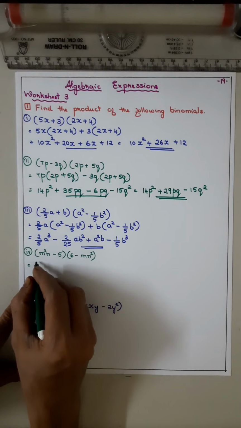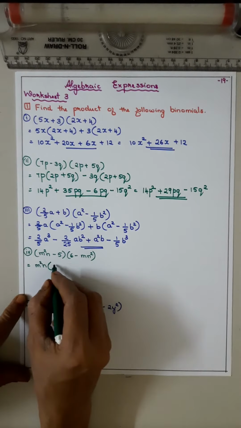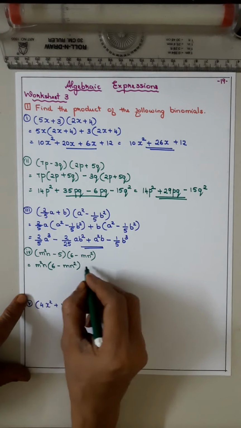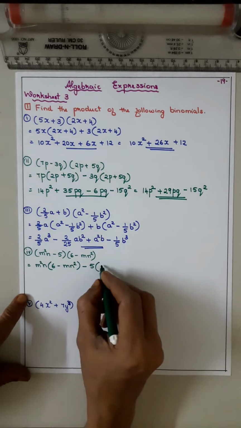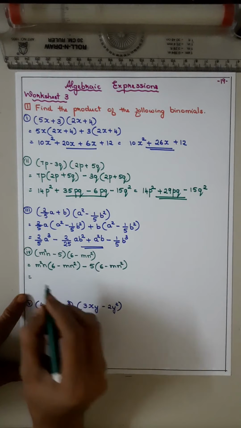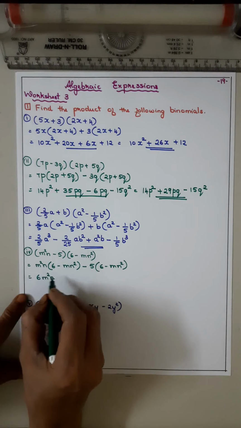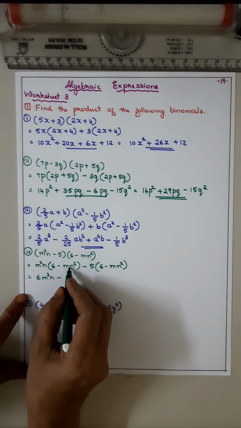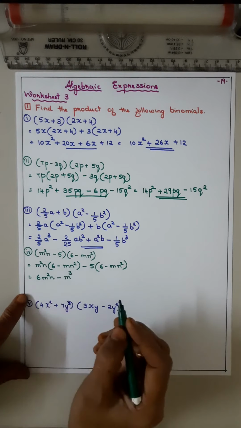Okay. Now m squared n bracket open, 6 minus mn squared. Now the second term is minus 5, and then 6 minus mn squared. 1 6 are 6, m squared n, isn't it? Minus m squared times m means how much? It is m cube.